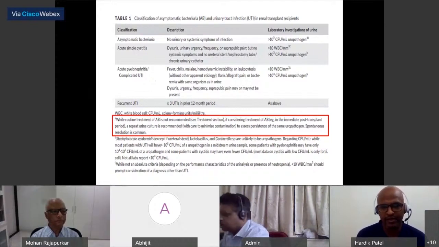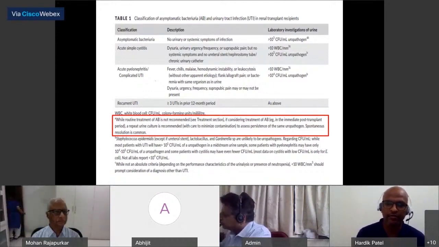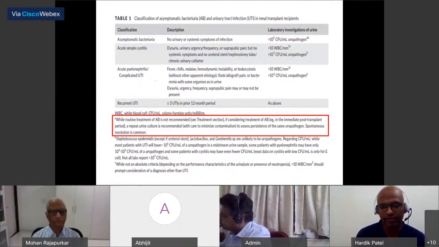Any infection with indwelling stents or a tube is considered a complicated UTI. There we can have a slightly reduced colony count to call it an infection, even with colony forming units more than 10⁵ of a particular uropathogen.